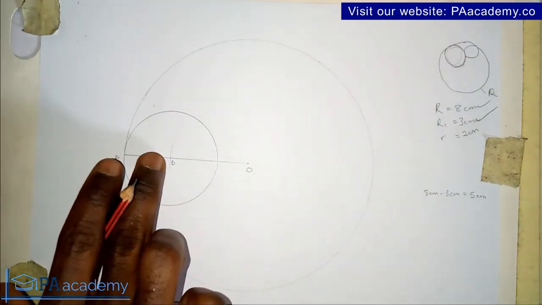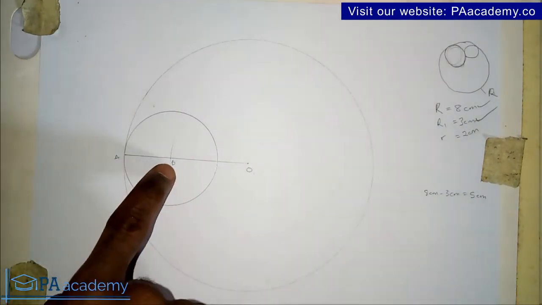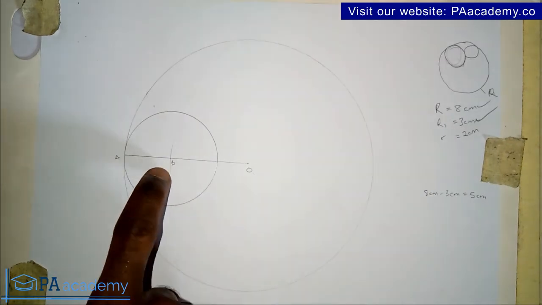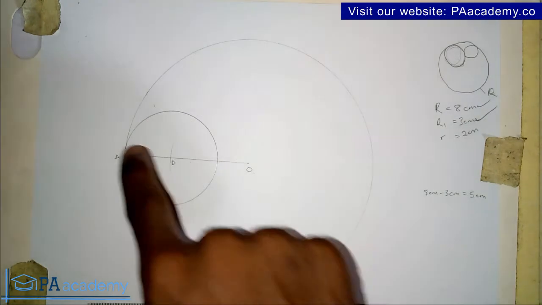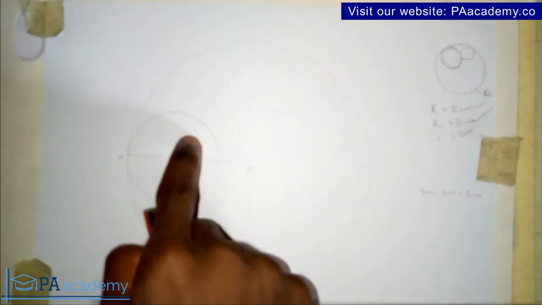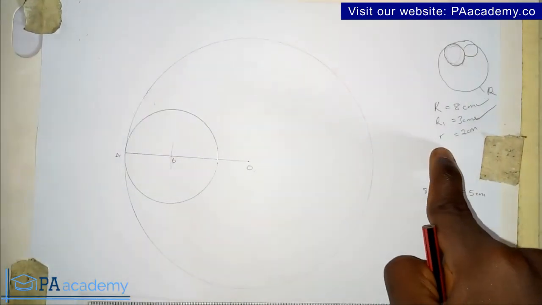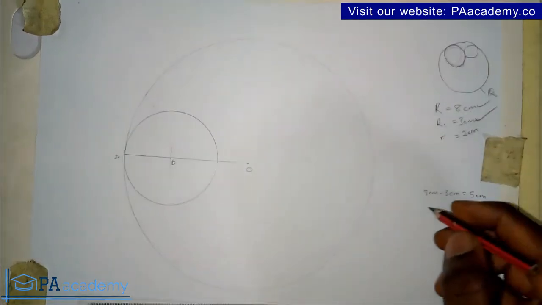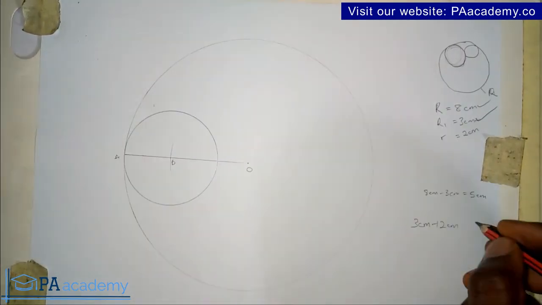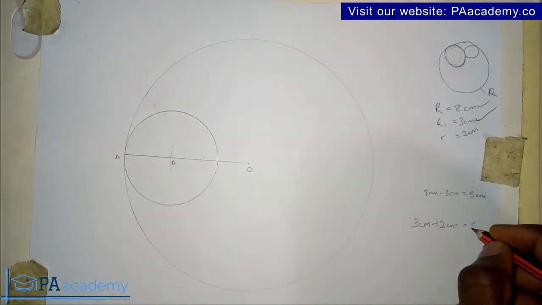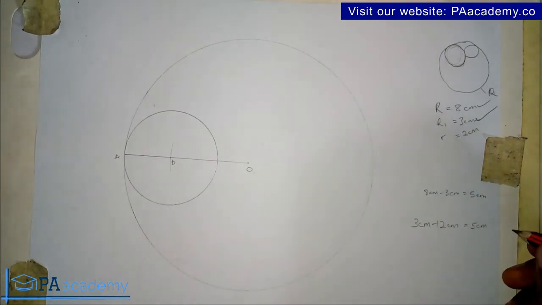From the center of this second circle, point B, the radius is 3 centimeters. So that 3 centimeters plus the radius of the third circle, 2 centimeters, will give us 5 centimeters.